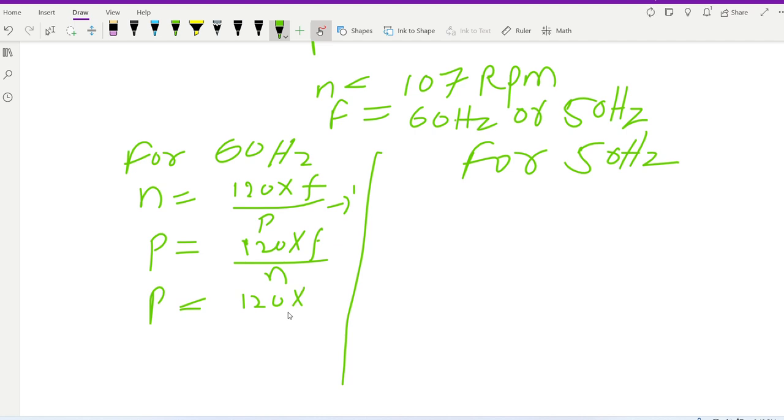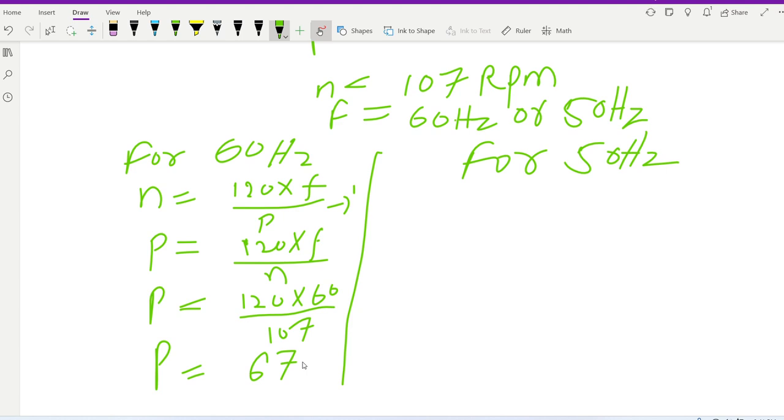For USA the frequency is 60 Hertz, then divided by the speed, 107. So the number of poles will be 120 multiplied by 60, then divided by 107. So here approximately the number of poles will be 67 for this speed.